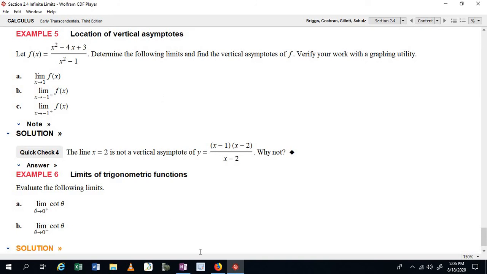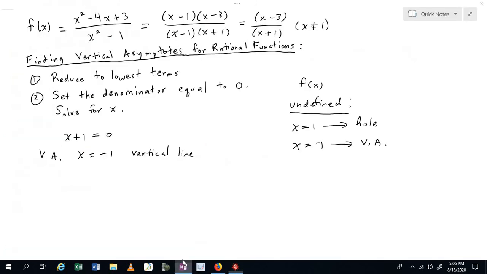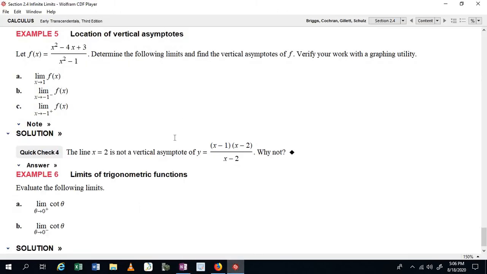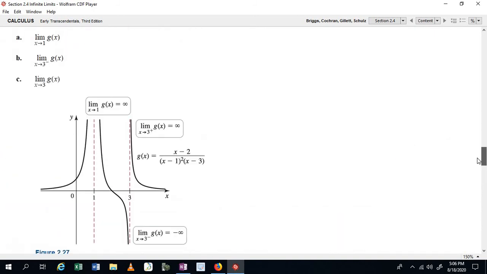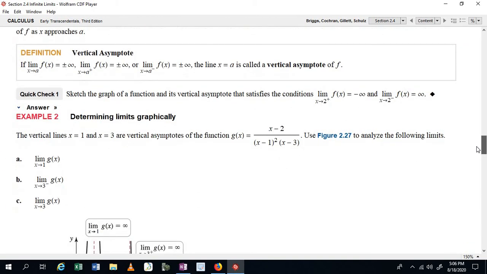Okay, so we found the vertical asymptote to be at x equals -1. Okay, so remember that. Now, remember the definition of a vertical asymptote, let's go back to that, says that if the limit of f of x as x approaches a as a two-sided limit is equal to plus or minus infinity, then you have a vertical asymptote at x equals a.